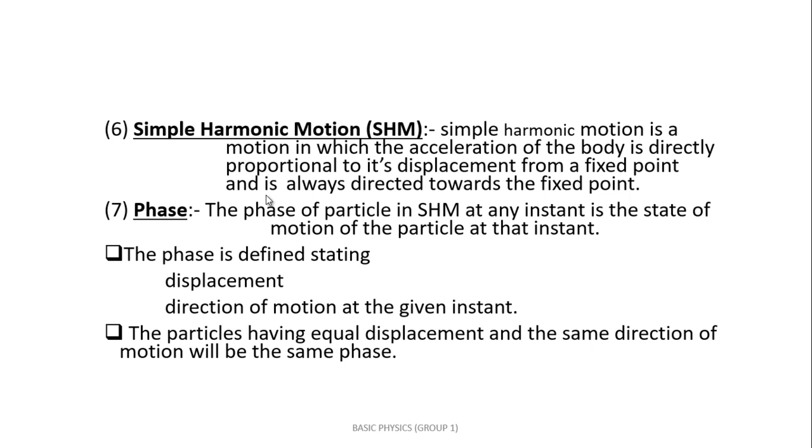It means the phase is defined stating displacement and direction of motion at the given instant. એટલે કે કોઈ ચોક્કસ સમયે કેટલું ડિસ્ટન્સ છે અને મોશનની ડિરેક્શન કઈ છે, એ બંને વસ્તુ આપણને ખબર પડશે ફેઝમાં. The particle having equal displacement and the same direction of motion will be in the same phase.